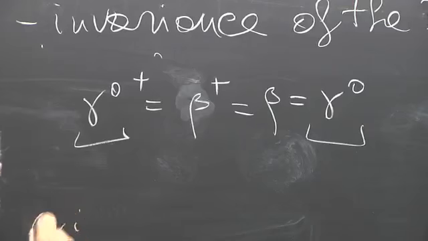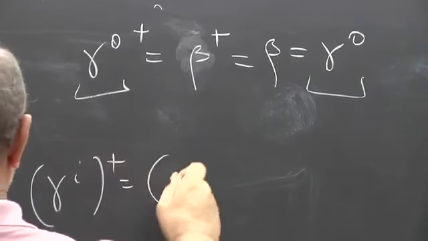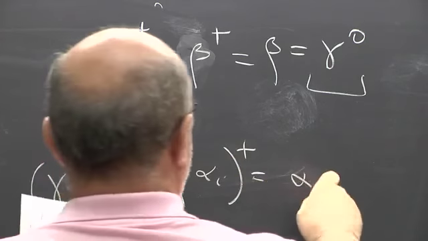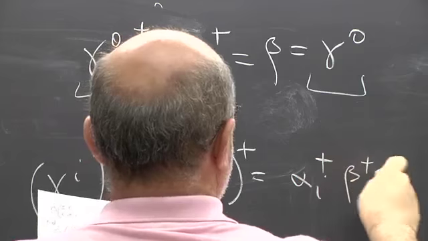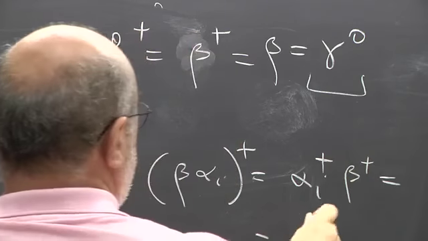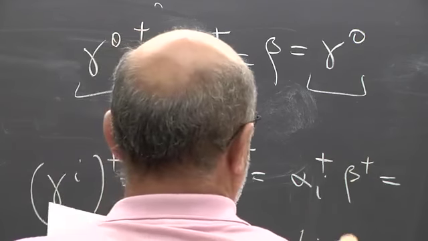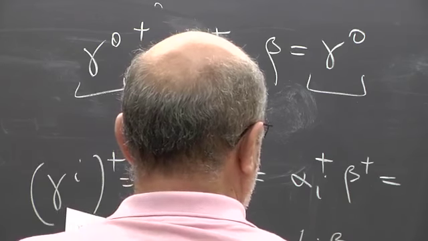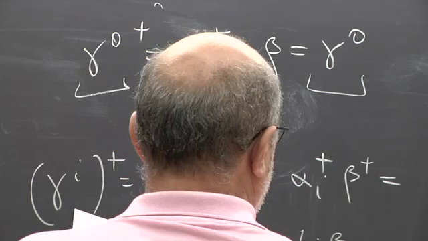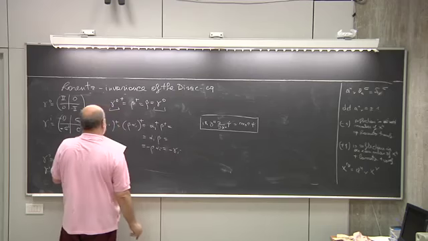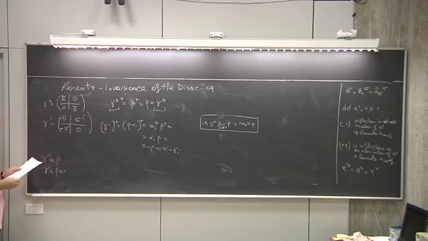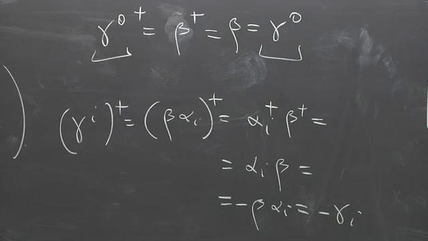Gamma i dagger, remember, is (beta alpha i) dagger, which is alpha i dagger beta dagger. These were Hermitian, so alpha i beta, but they were also anti-commuting, so this equals minus beta alpha i, and this is minus gamma i. So the gamma i are not Hermitian, at least in this formulation.